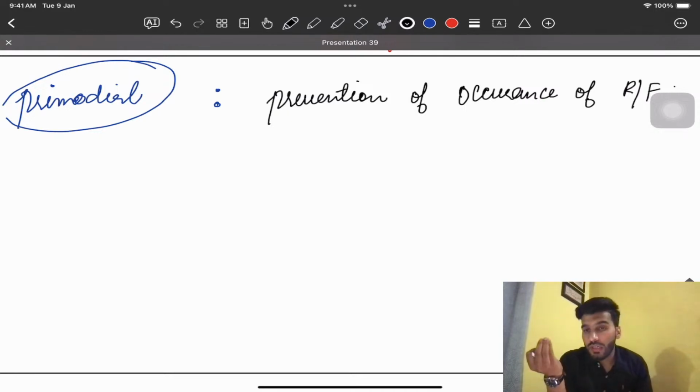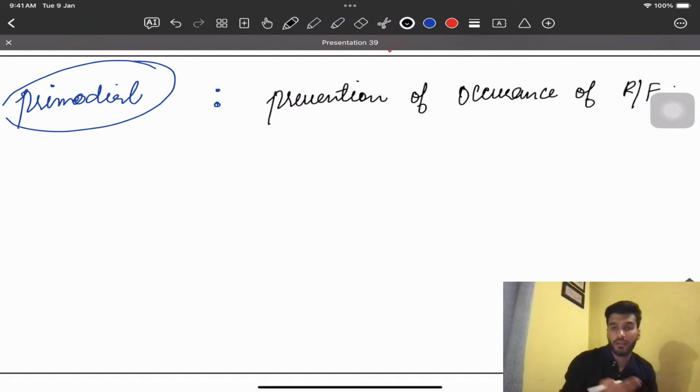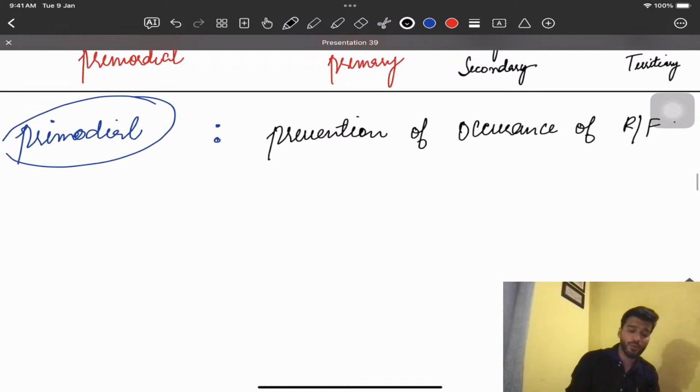Mosquitoes are a risk factor for which disease? Malaria. So if I change the water of the cooler regularly, will the mosquitoes come? No. Will malaria have chances to occur? No. So whenever you are preventing the occurrence of the risk factor, such prevention, my dear students, is called primordial prevention.